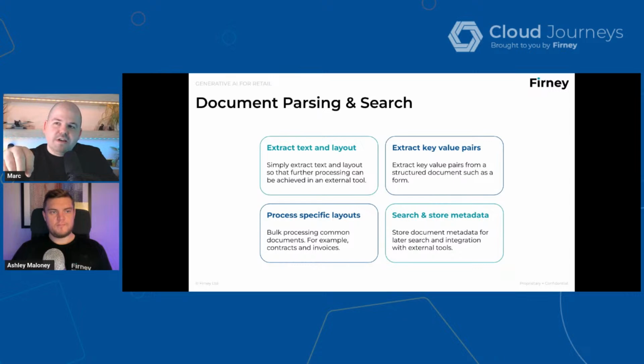If, for example, you've got a whole load of forms, you can extract key value pairs, so question and answer. Or if you've got a bulk amount of documents such as statements, invoices, contracts, where the structure is very consistent, you can do bulk processing on the information in those documents to extract certain aspects. All with the end goal of integrating that data with other systems and being able to search and store the information as well.